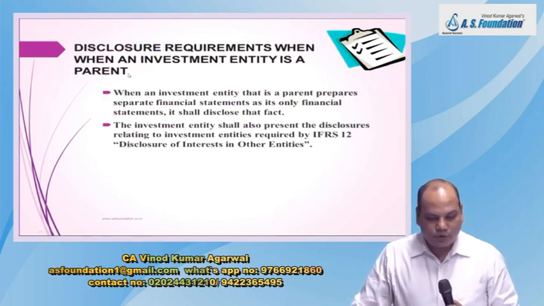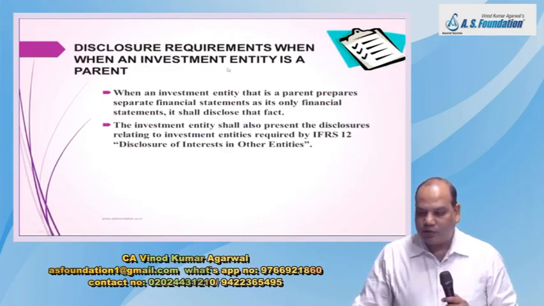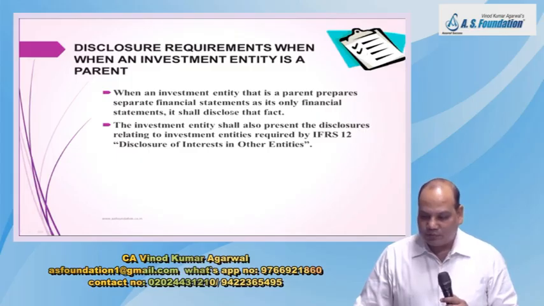Next, paragraph number 12 is the disclosure requirement when an investment entity is a parent. Investment entity is already exempted from CFS. So when an investment entity that is a parent prepares SFS as its only financial statement, it shall disclose that fact.